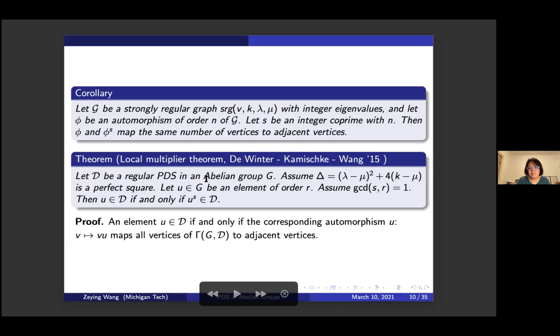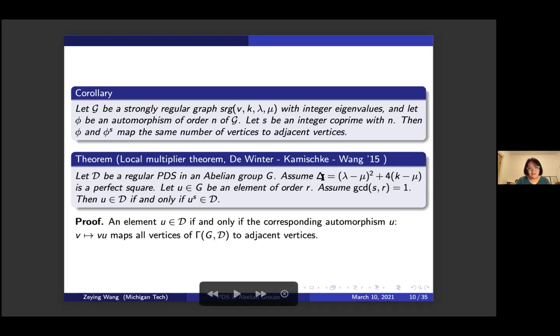That's important for us in this result. We require it to be a regular PDS, because then the Cayley graph coming from D will be non-directed, and with no loops also, okay? That's why we require it to be a regular PDS in an abelian group G.